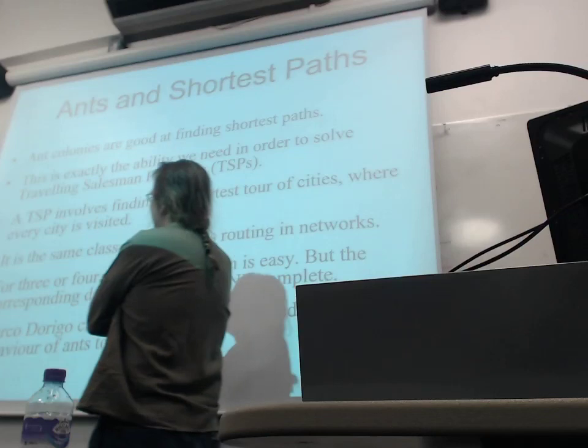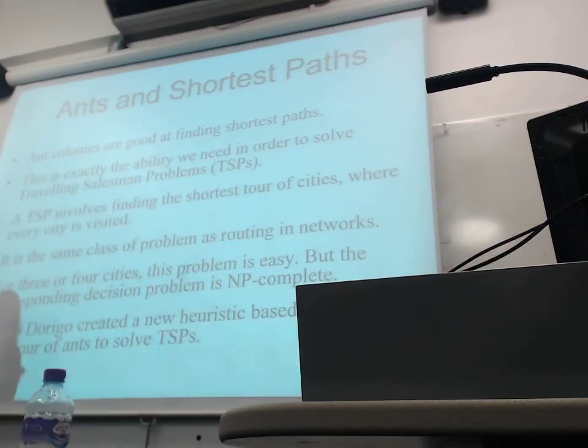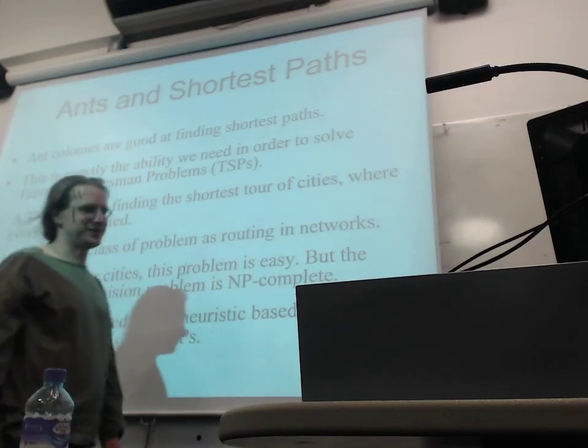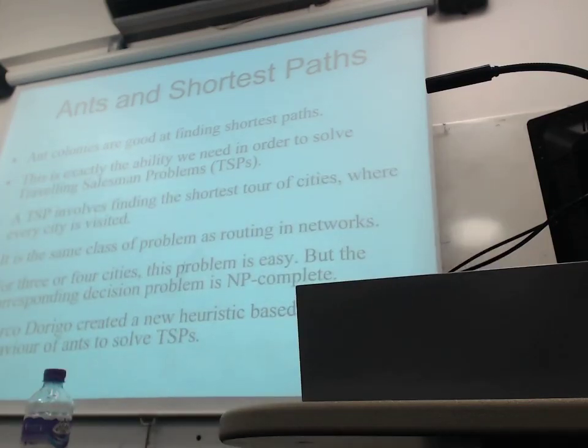So basically, with some loose inspiration by the way ants work, the idea of ant colony optimization is you drop a series of ants on your traveling salesman problem and use it to solve the TSP problem. I'll go through this very quickly, so I can do this in a minute.